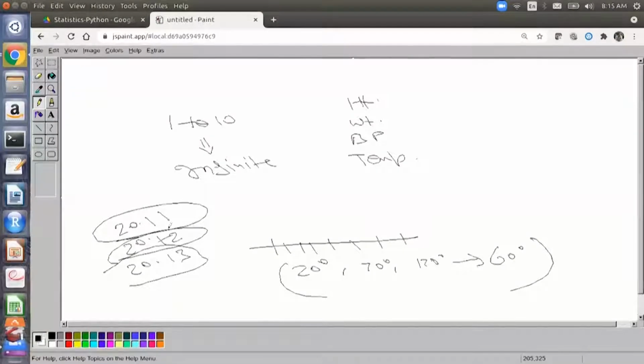It will always lie between 1 feet to 6 feet, or 7 feet. It will not go beyond that, and at a given point of time it will have a fixed value. Nobody's height is 27.18189293, something like that. So why are we calling it continuous, that it can have infinite possible values?